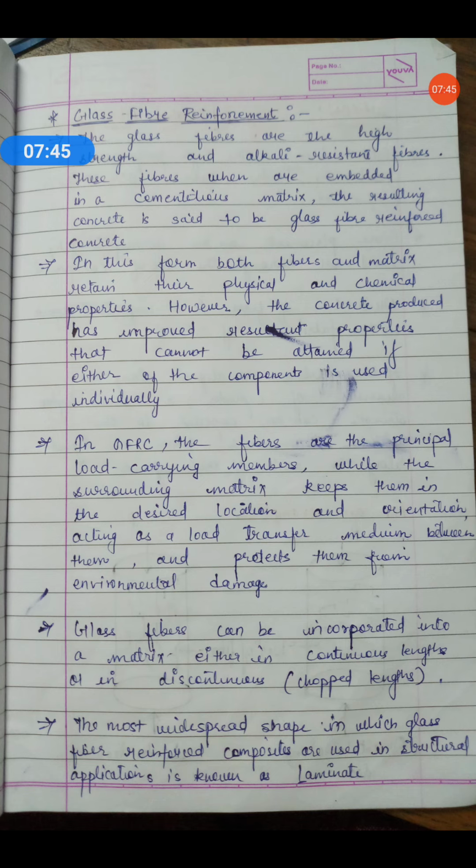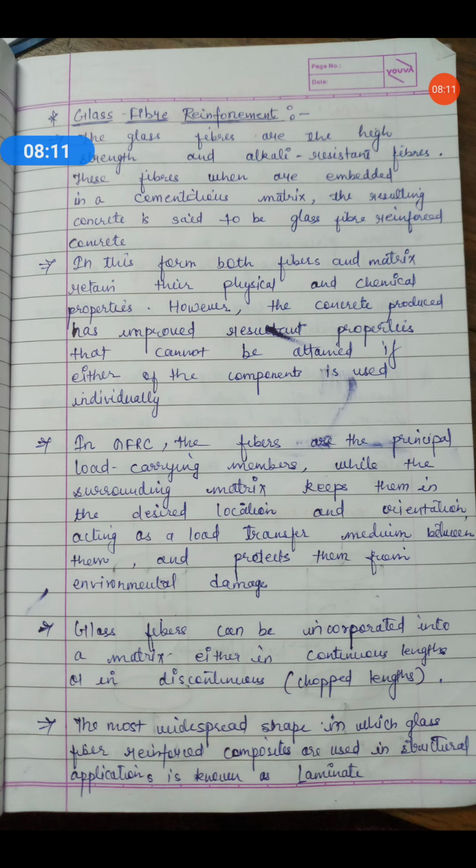However, the concrete produced has improved resultant properties. The end product you are getting with the help of addition of glass fibers has so many improved resultant properties that cement alone cannot provide.